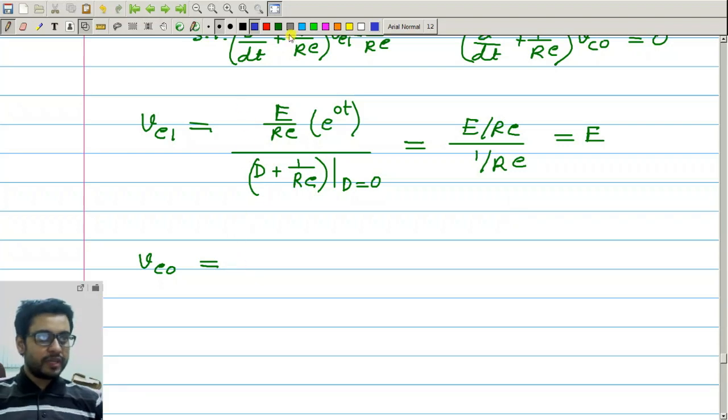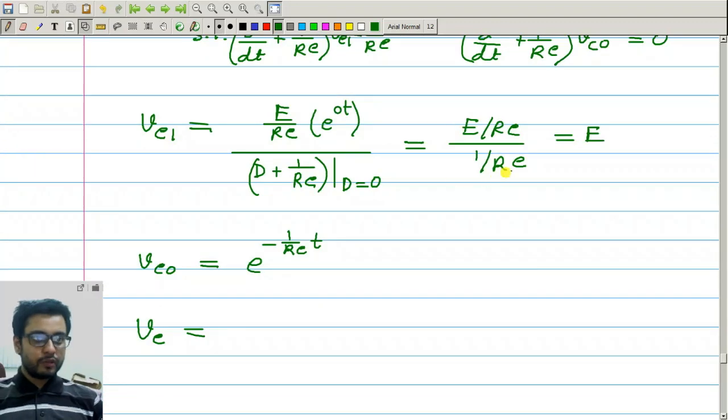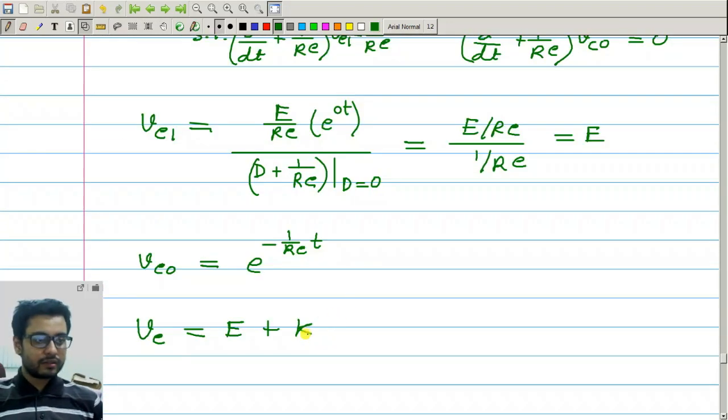Okay, so the final solution looks like this: Vc1 plus K1 Vc0, which is E plus K1 e to the power minus 1 by RC t.